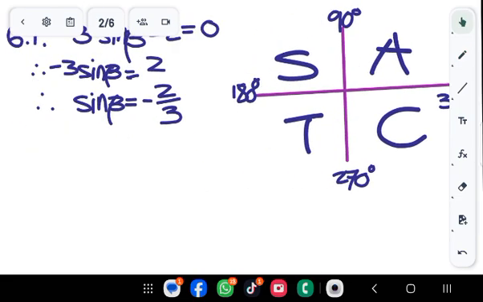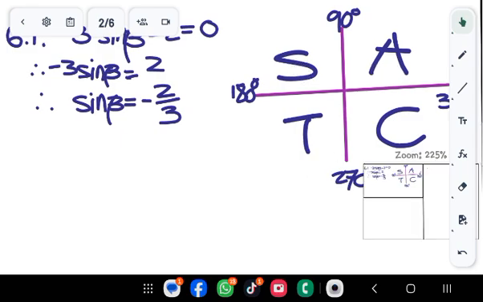Meaning this angle lies either in the first quadrant, quadrant number 2, or quadrant number 3.